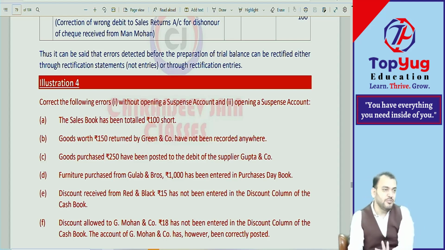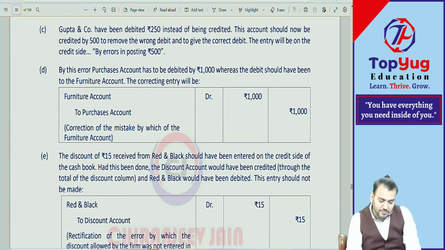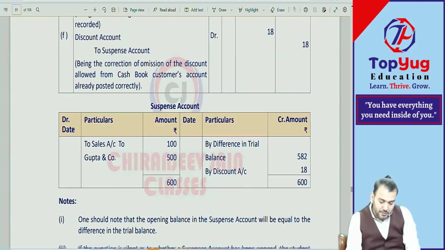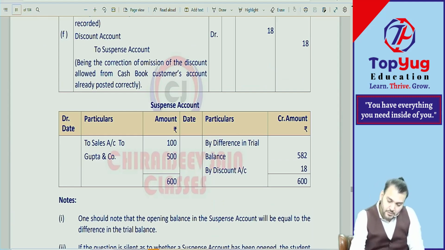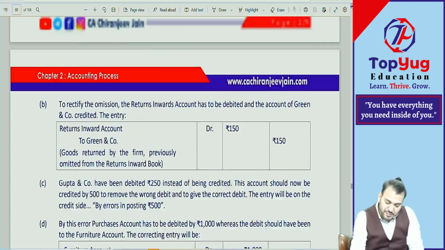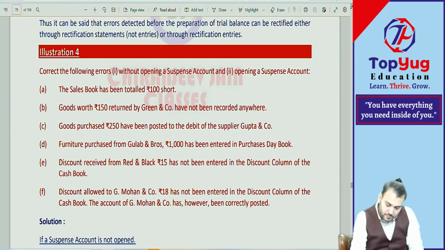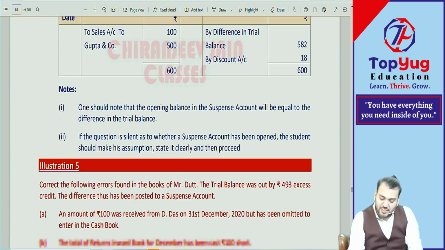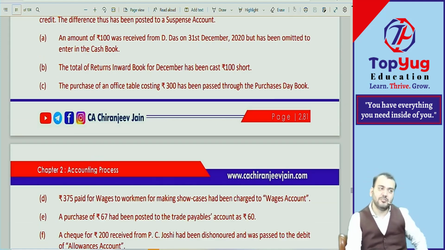This is the difference between without and with. Understood? They have not asked us to prepare the suspense account, so we will not prepare it. Sometimes they ask to prepare the suspense account after rectification, so we can prepare it also.